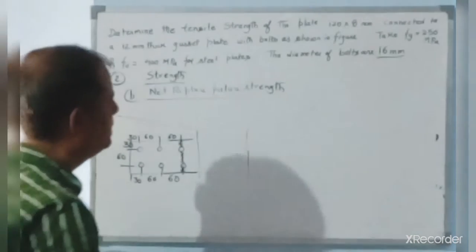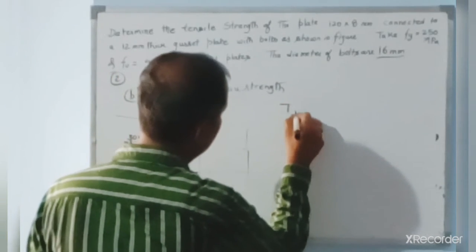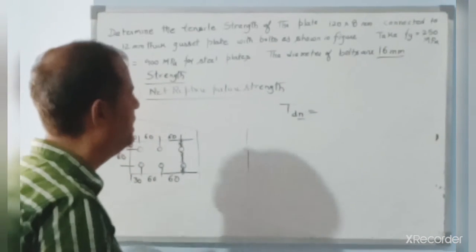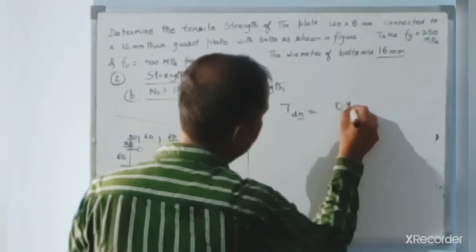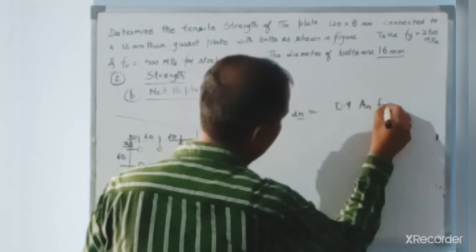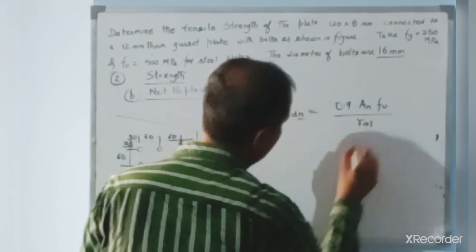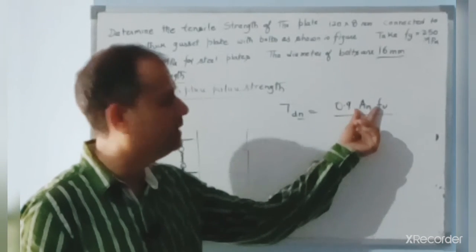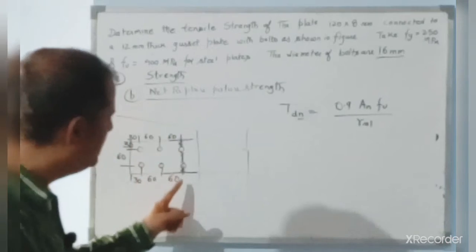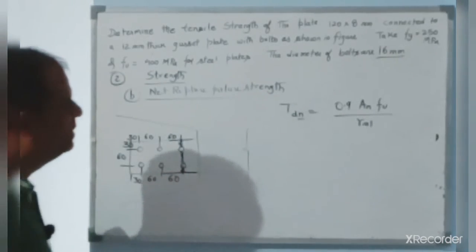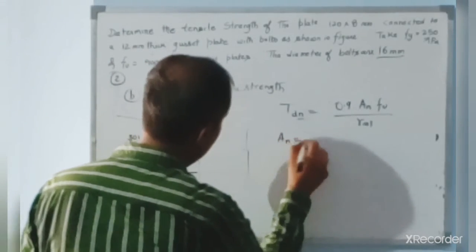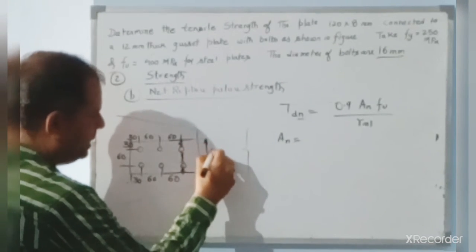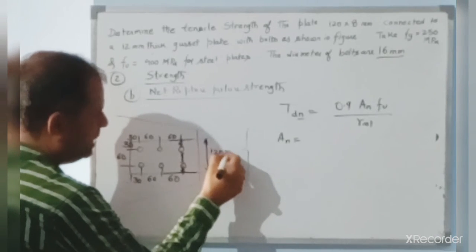So IS 800 recommends for net rupture failure, where TDN represents net rupture failure strength, 0.9 An Fu upon gamma m1. What is important here is to calculate the net area of the section at the point of crack. So An will be, we know the gross area of the plate is 120 and the thickness is 8 mm.